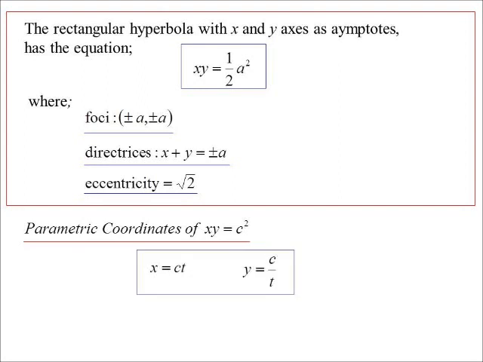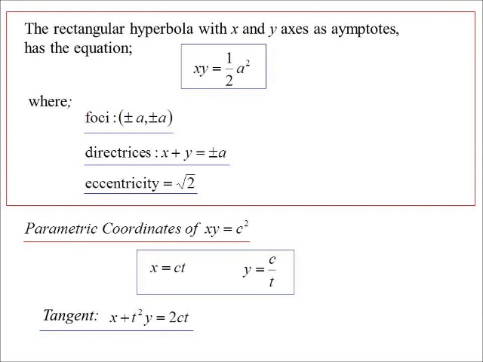I'm going to say, well, x could be c times some parameter t, and y will be c divided by that parameter. Multiply them together, you get c squared. So when we're talking about parametrics, think of the constant as c squared, rather than just a constant, and you get your parametric form quite easily. The tangent turns out to be x plus t squared y is 2ct.